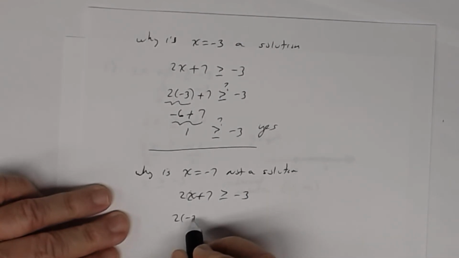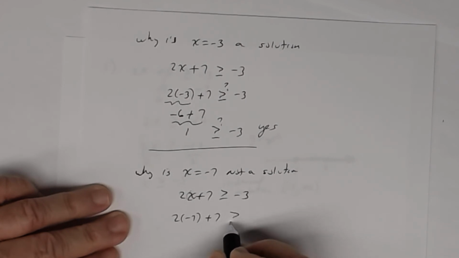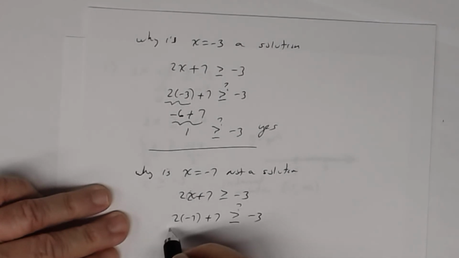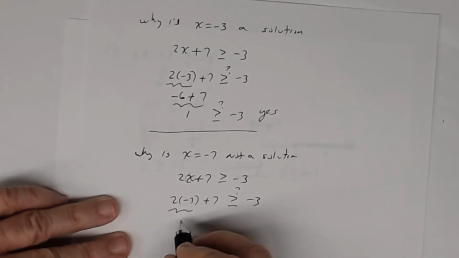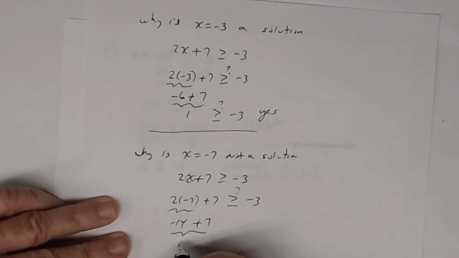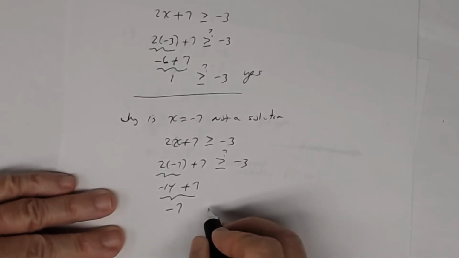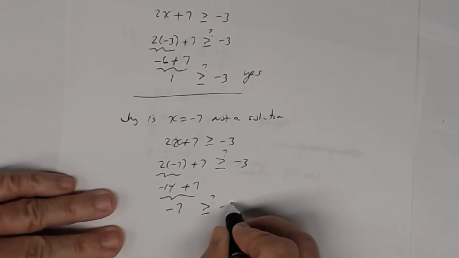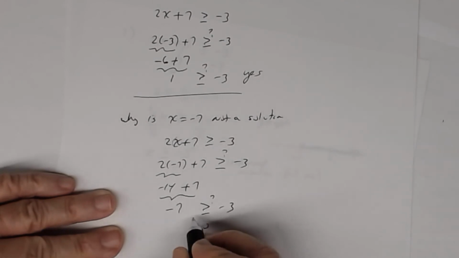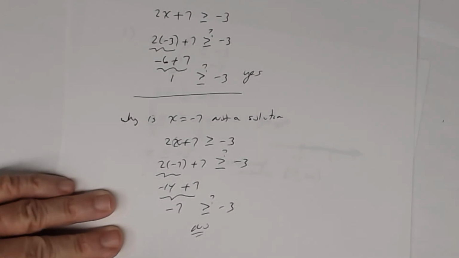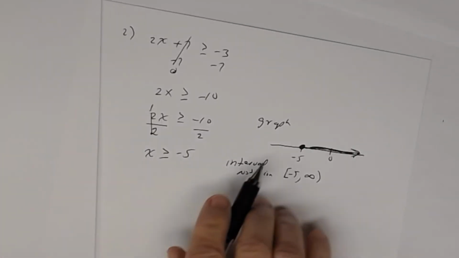So you get 2 times negative 7 plus 7. Is that greater than or equal to negative 3? Well, 2 times negative 7 is negative 14. Negative 14 plus 7 is negative 7. Is negative 7 greater than or equal to negative 3? The answer is no. Negative 7 is less than negative 3. That's why negative 7 is not a solution.